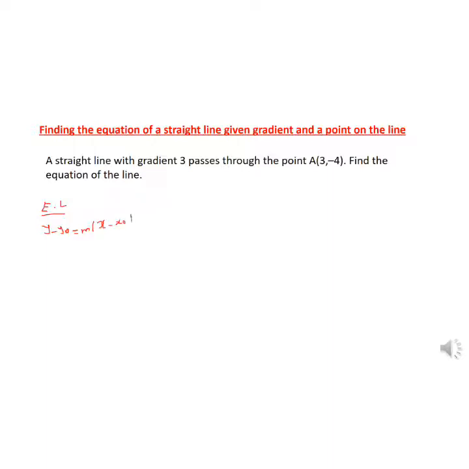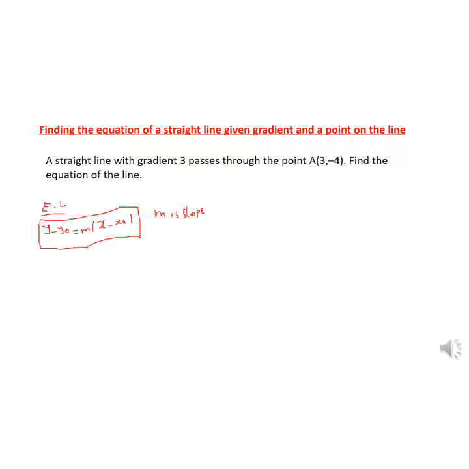This is the formula used to find the equation of a line, where m is the gradient or slope.